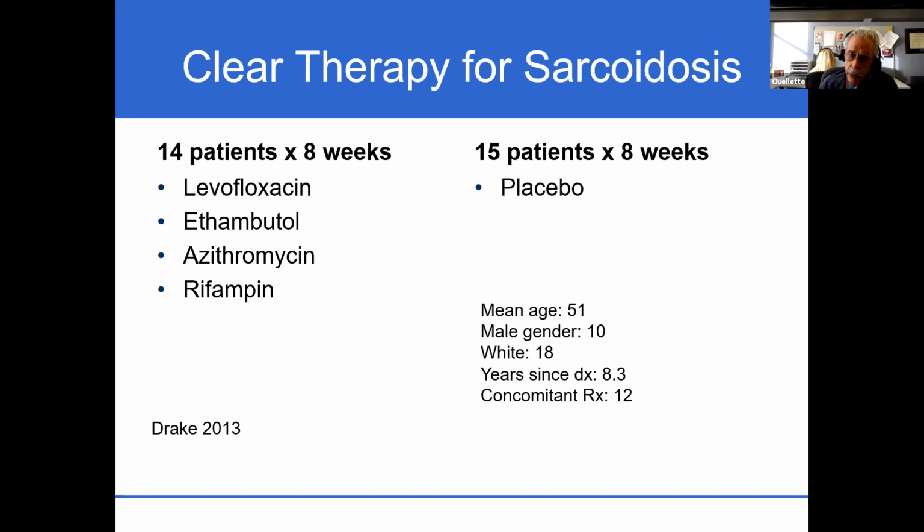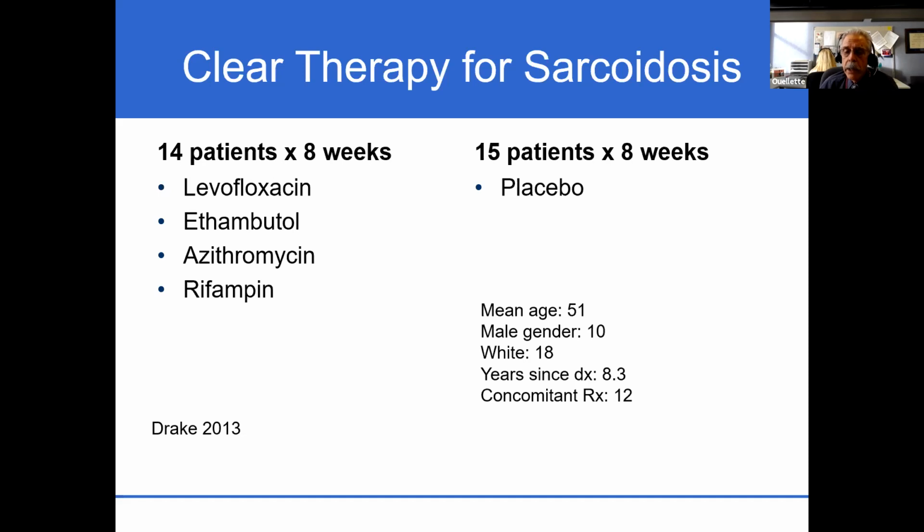They had a small group, 30 patients total. 14 were randomized to an interesting treatment that included levofloxacin, ethambutol, azithromycin, and rifampin, a drug cocktail that we would think about using for mycobacterial disease. And then they treated the other group with placebo. So it was a prospective placebo-controlled study in cutaneous sarcoid looking at an antimycobacterial regimen.